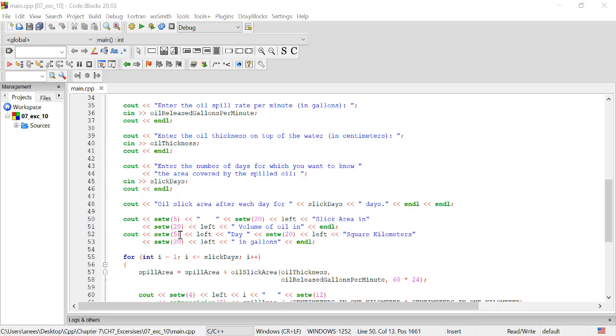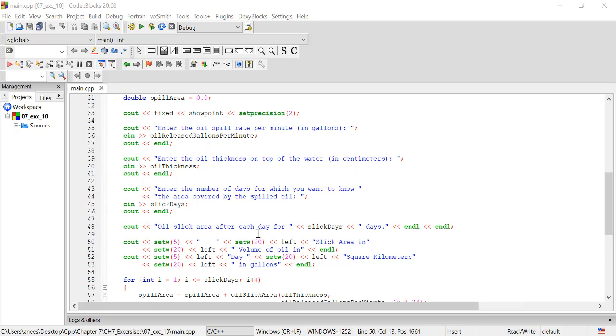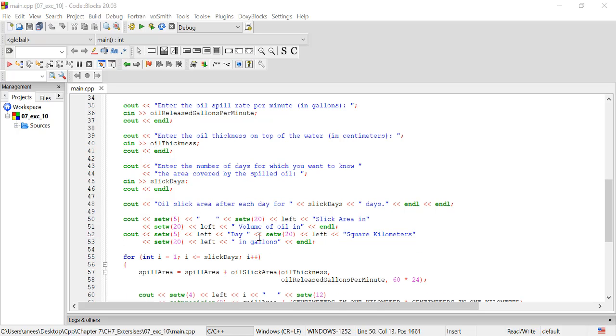Now we have setw 5, and this is pretty much the same thing. We go into the next row, which we have the day, and then we go to the 20th column left, and we have square kilometers, and then we also go back to the 20th column left in gallons.